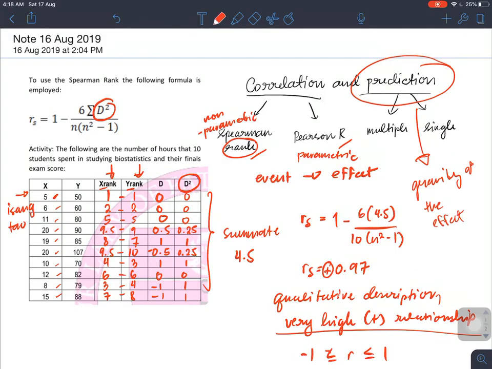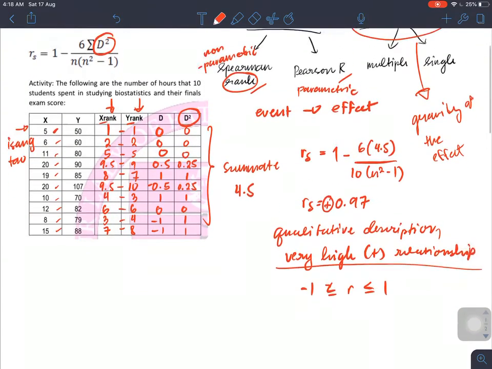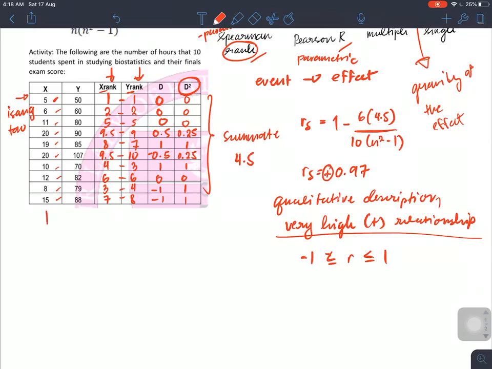So, simply put, sinasabi lang po siya sa atin kung anong mangyayari if these values increase or decrease or simply change. Anong mangyayari sa y natin?